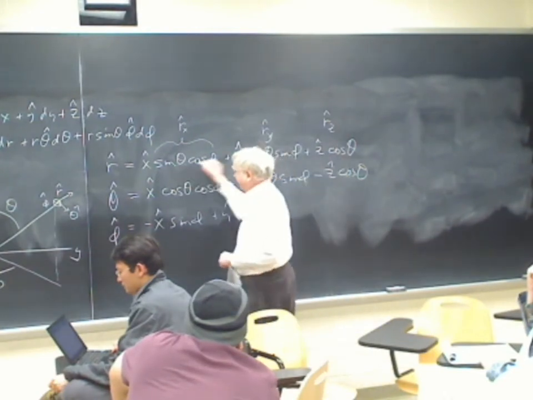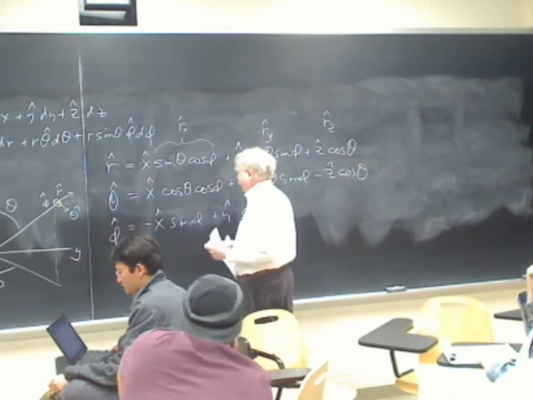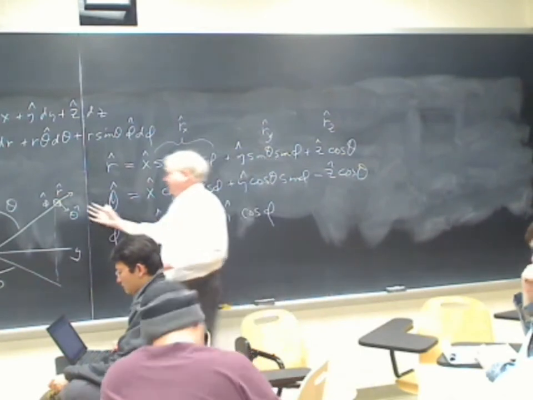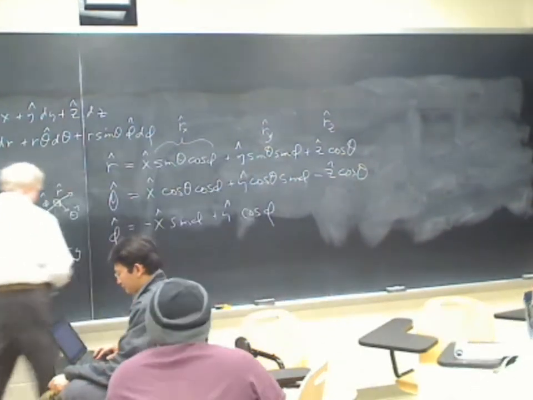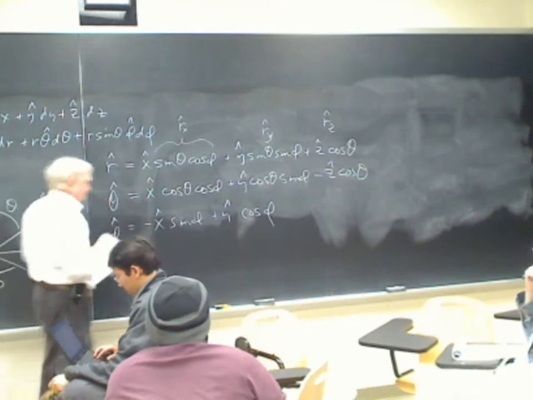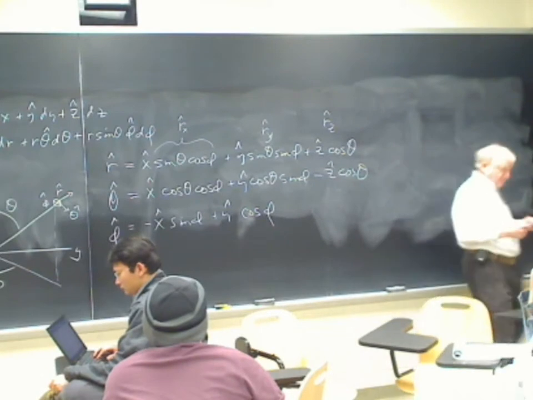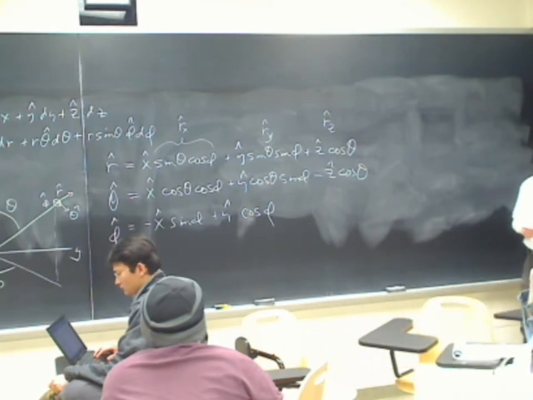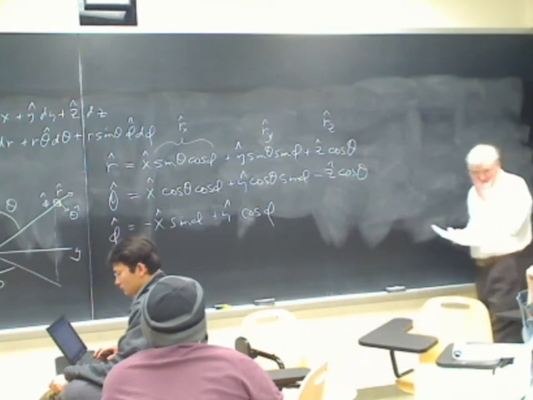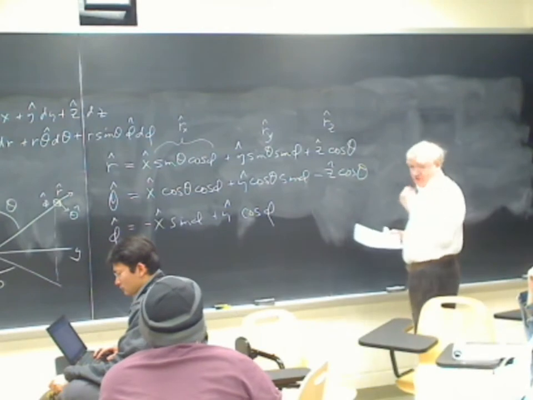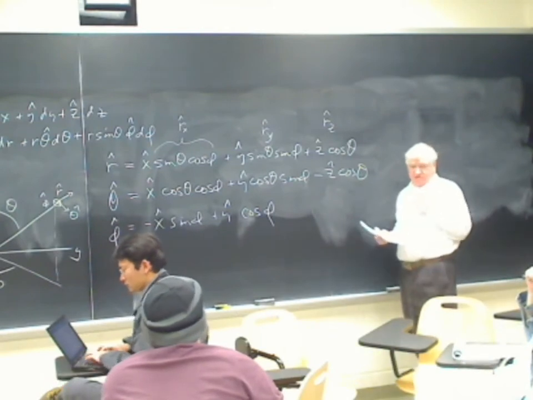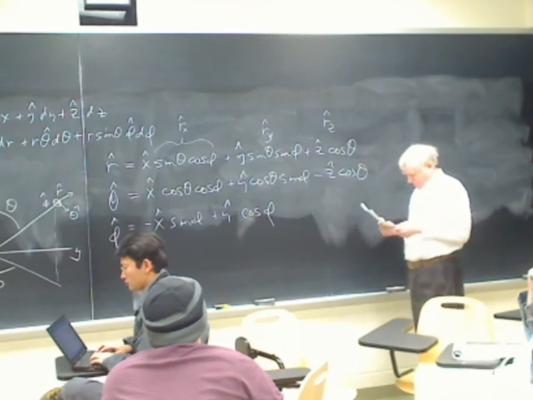I'm talking about the magnitude here. And the same thing for theta and phi. Theta and phi are a little bit harder to figure out, but this is basically the rule. Any questions? You want me to try to justify this a little more, or shall we just move on?